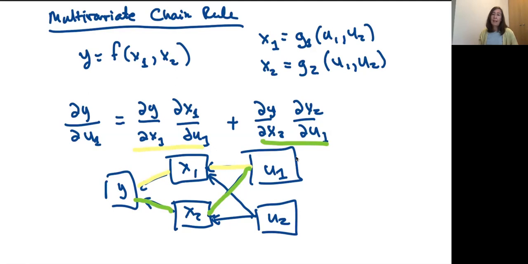You can imagine generalizing this to x1, x2, x3, u1, u2, u3. You also don't have to have all the intermediate variables depending on the same lower level variables. You could have some of these first derivatives be zero.